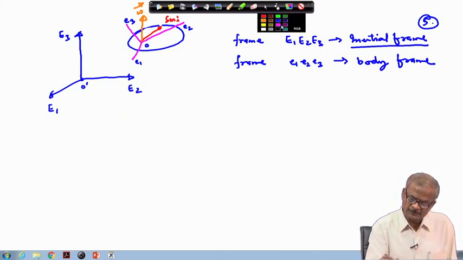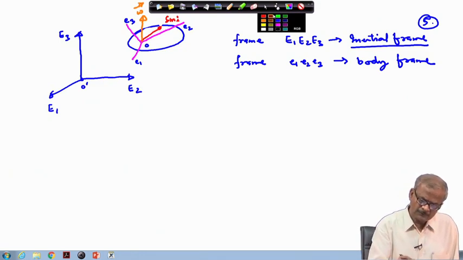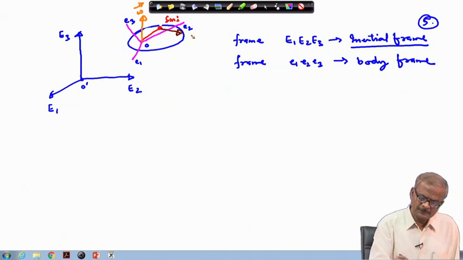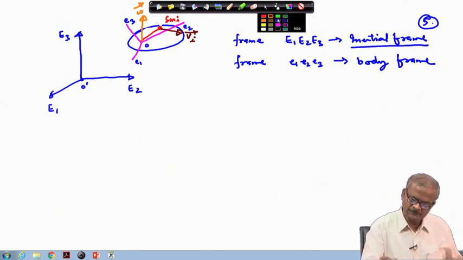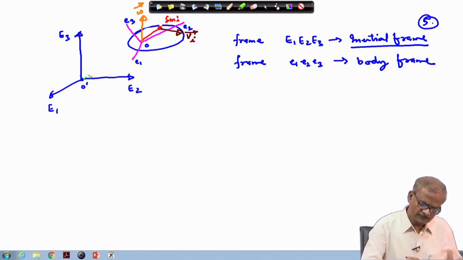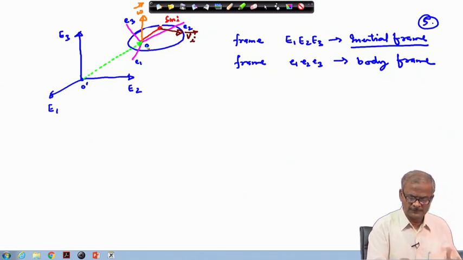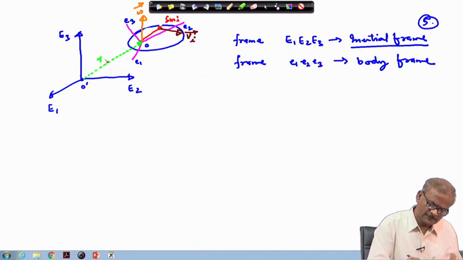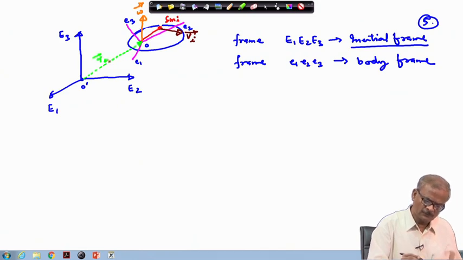And also we assume that somewhere, say, V I is the velocity of this point, and also the radius vector of the origin of the body frame, this we write as R O. Okay.